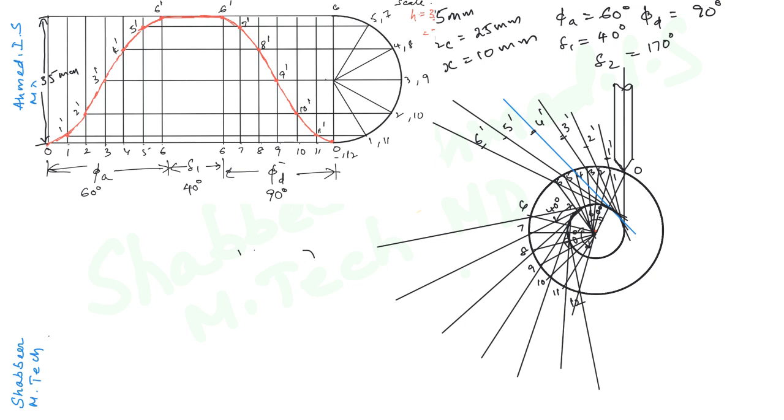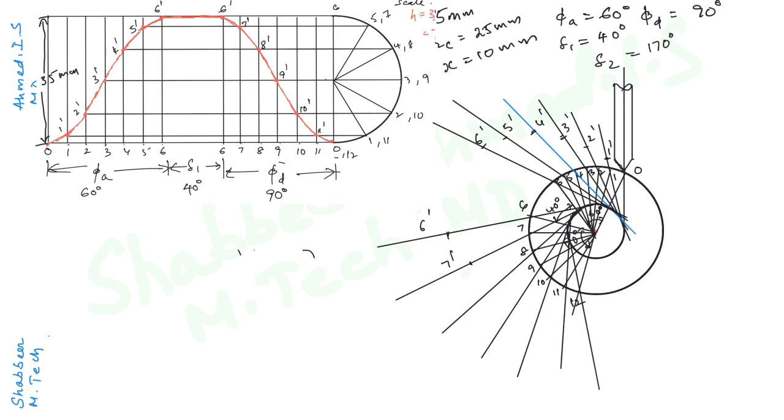Now transfer the height. You see 6 6' here again, then 7 7', 8 8', 9 9', and so on. So now first we will transfer the height 6 6'. Okay, we have here 6 6'. Then we have 7 7'.